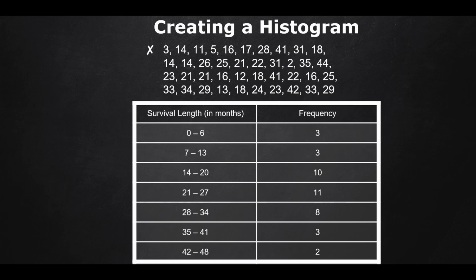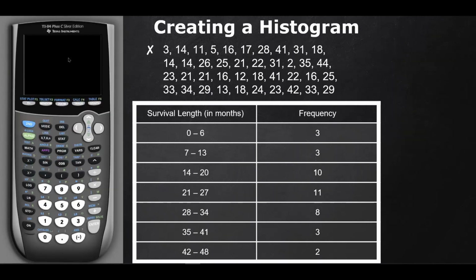So, how do we create a histogram with a Texas Instruments calculator? Okay, so here we go. Here is the calculator that I got. I'm using emulating software. If you want to use an emulator as well, that will be up to you.